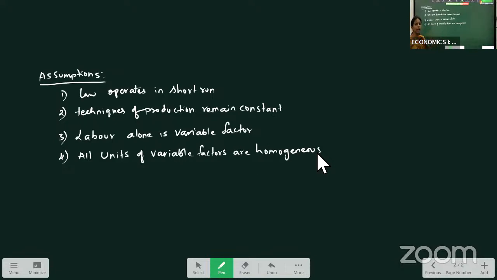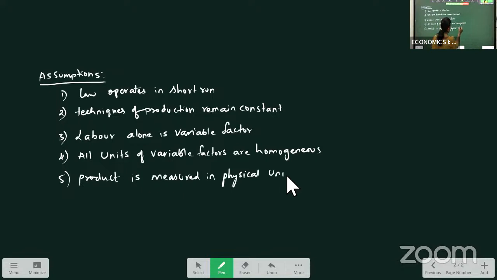Homogeneous means they have the same skill, same everything. Another assumption we make here is that the product is measured in physical units. Whatever output we are producing is measured in physical units.